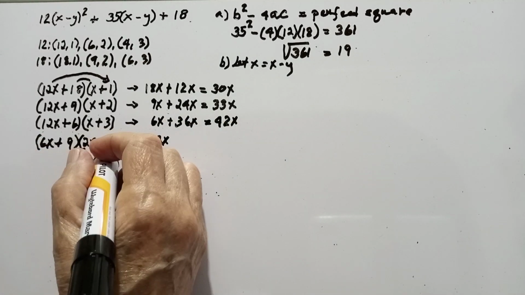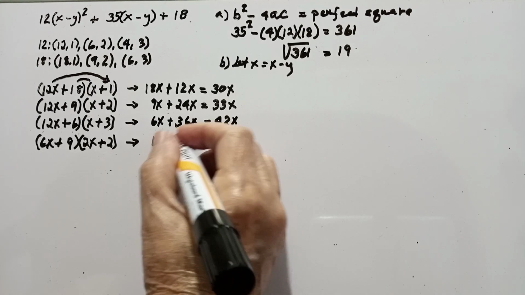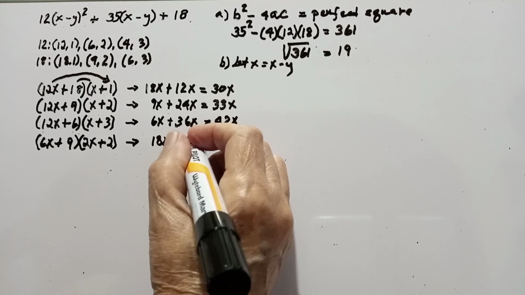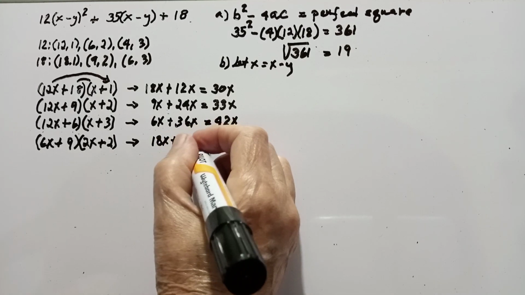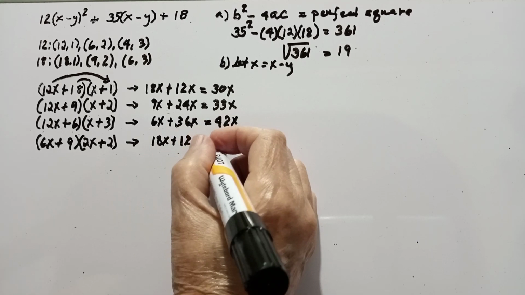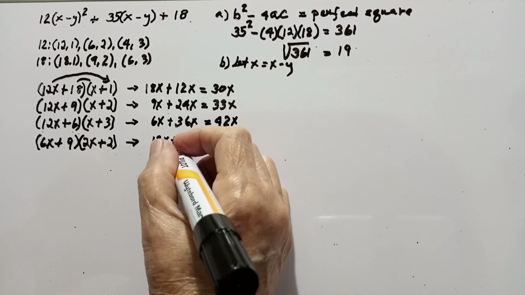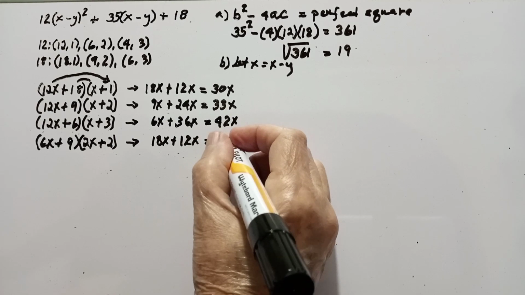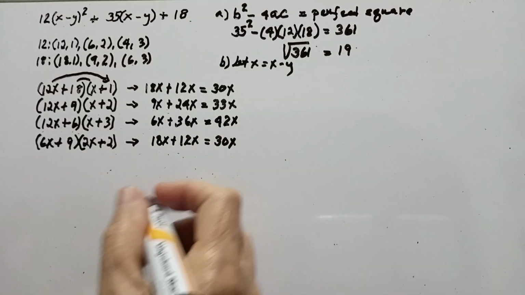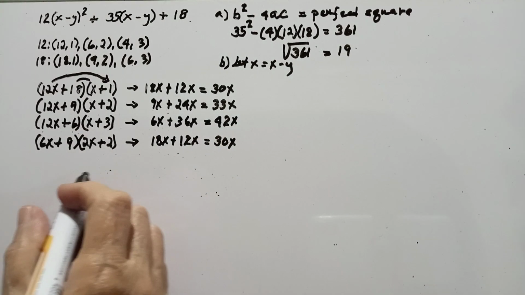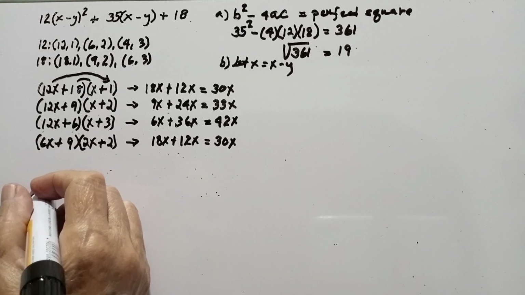Then 6x times 2 is 12x. You add the products, that would be 30x. So it's still not the factors.